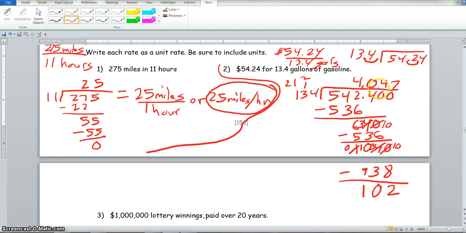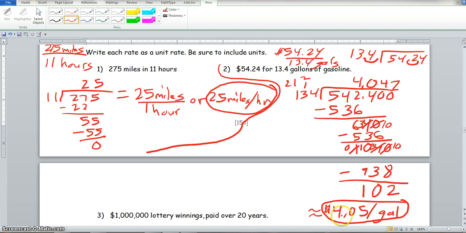So now, we will round this off, and this will give us 4.05, and we know it's an approximation, and it would be $4.05 per 1 gallon.